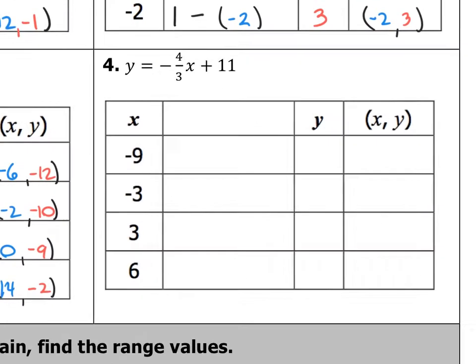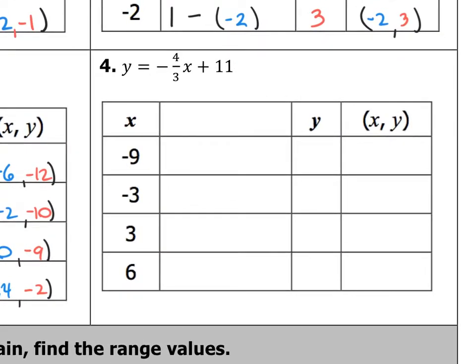Alright, I'm going to pause the video now, and I want you to try Table 4 all on your own. Once you get it completely finished, click play to check to see if you got it right.